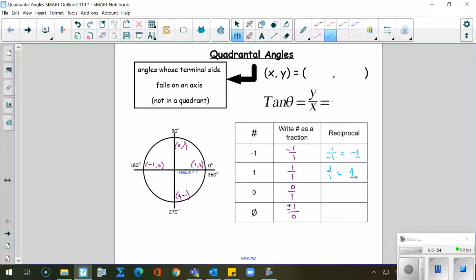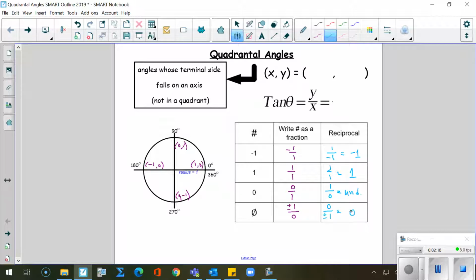Here's where it gets special. The reciprocal of 0 is undefined. And the reciprocal of something already undefined is 0.